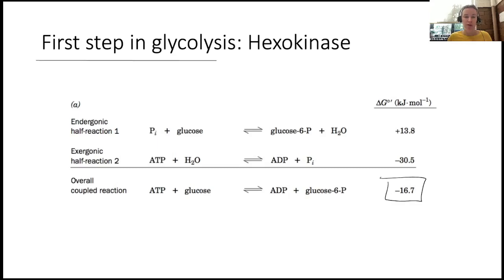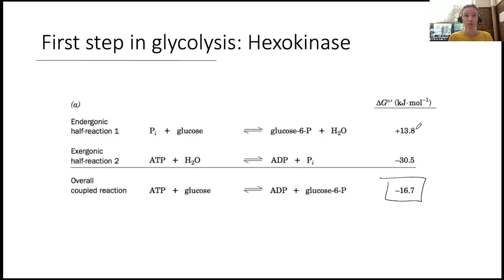There are two parts to this reaction. One part of the reaction is combining a phosphate with a glucose. In order to put a phosphate on a glucose to perform a phosphorylation, we're going to need an input of energy of 13.8 kilojoules per mole.